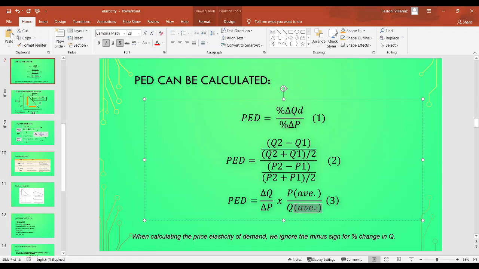But since we are using the midpoint method, as the learning guide follows, we just need to get the average. There are actually a lot of ways to attack this problem. If you use change in P over change in Q, it takes longer for me. But we can still use that equation number 2, we just need to substitute. Let's say for P1, Q is equal to 15,000 minus 50p.